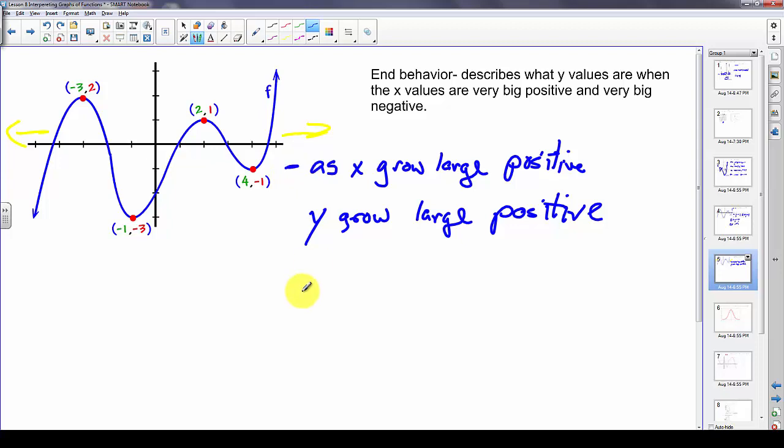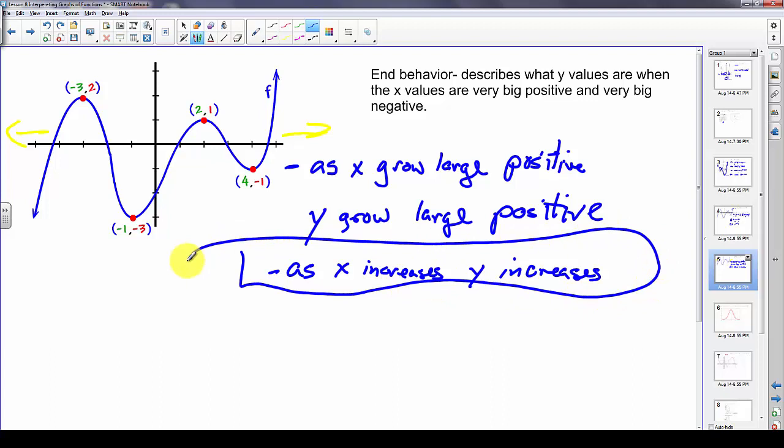Another way to possibly state that, maybe a little more simply, is as x increases, in other words, it's getting bigger, y increases. This is probably a more efficient way to deal with this, but this kind of puts it in more English terms. All right, that's only half of the end behavior.